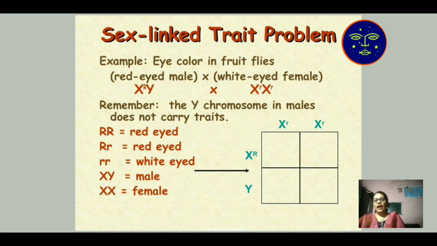That is X capital R, Y for the red-eyed male, and X small r for the white-eyed female. If we cross them, the result is capital R for red-eyed, capital R for red-eyed, small r for white-eyed, XY for male and XX for female.